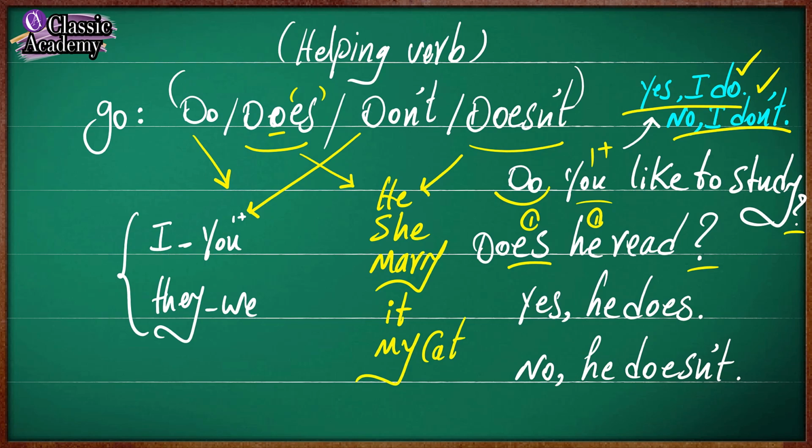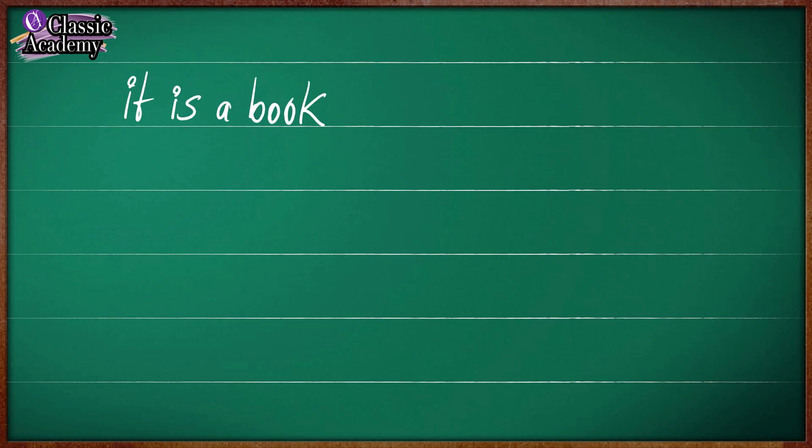We have some vowels that are very important. A, E, I, O, U. Yeah. Of course, we have these in another form. Okay, let me see. It's a book.